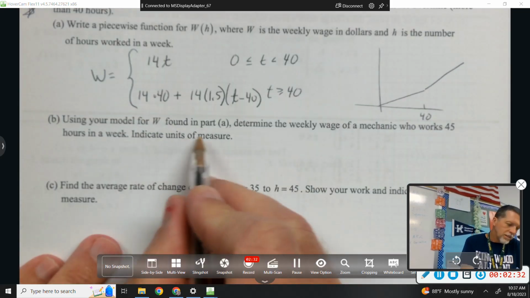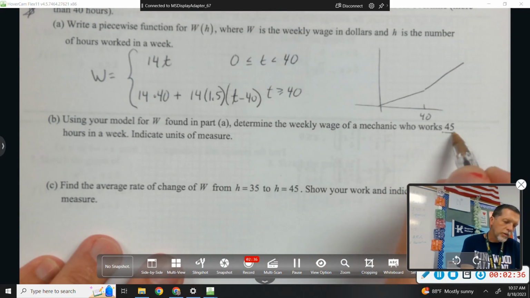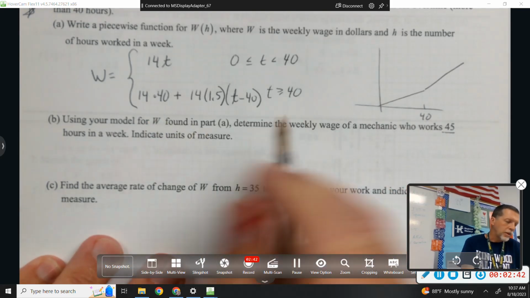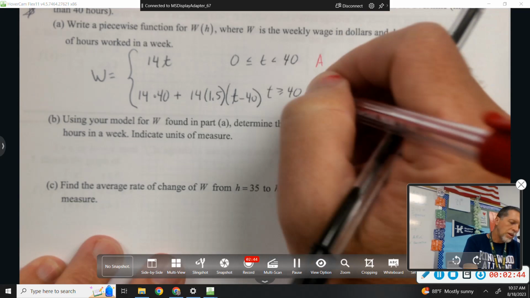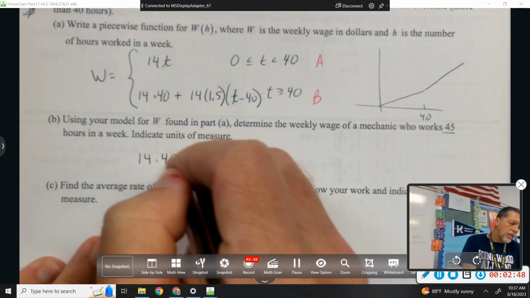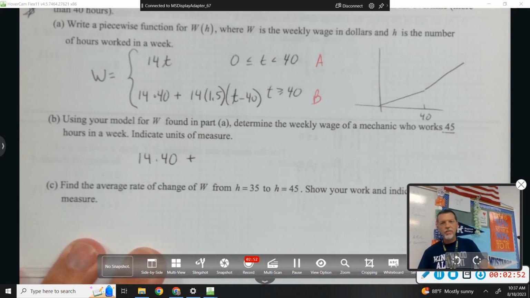Using your model found in Part A, determine the weekly wage of a mechanic who works 45 hours in a week. Okay, using my model, 45 would be on branch B. So he makes 14 times 40. That's the first 40 hours.